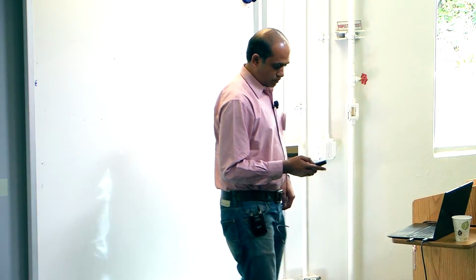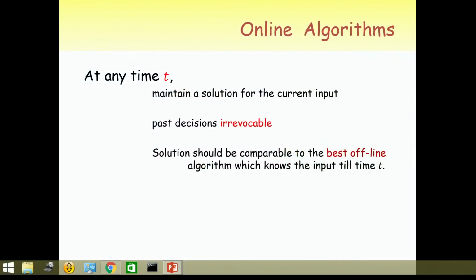So let me begin by going over how we define competitive analysis. We say that you have some problem and an input arrives over time. At each time t, I want to maintain a solution over whatever input I have seen so far. And whatever decisions I have taken so far are, in some sense, irrevocable. That's the assumption.